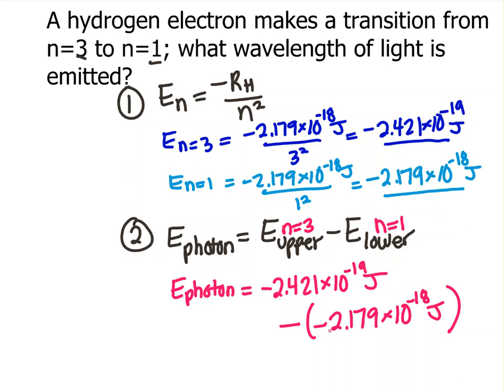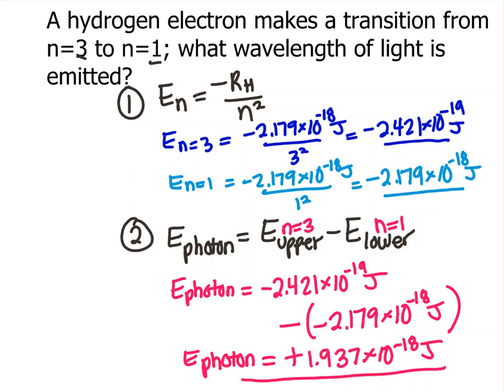Of course, I have this minus minus here, so my answer will come out positive. And so that is the energy of the photon that is released. And again, it should be a positive number. The energy of a photon is always positive. And we have a relationship between the energy and frequency, so we will use that next.